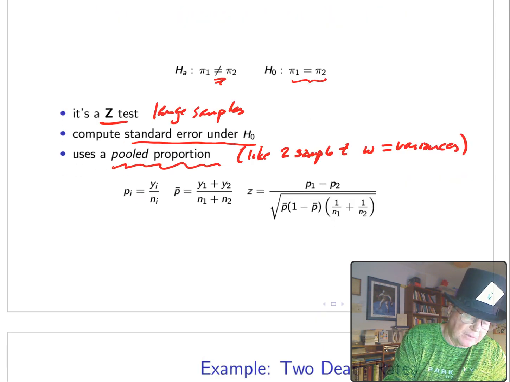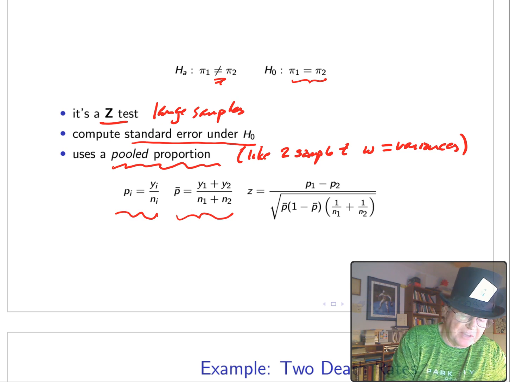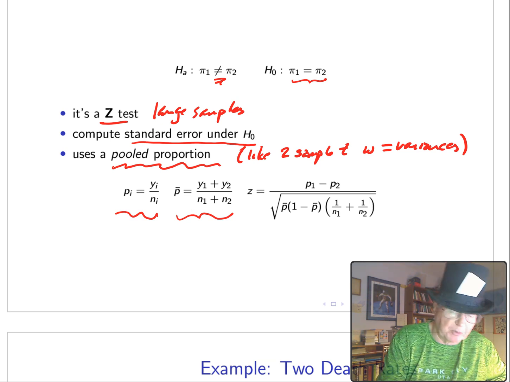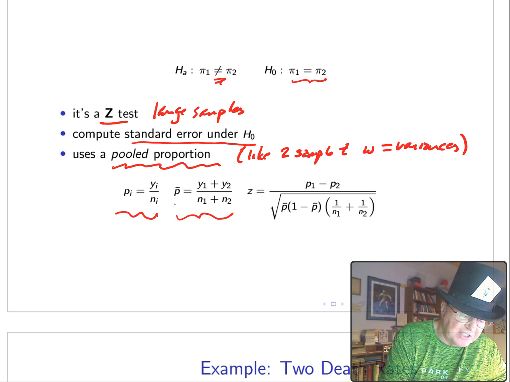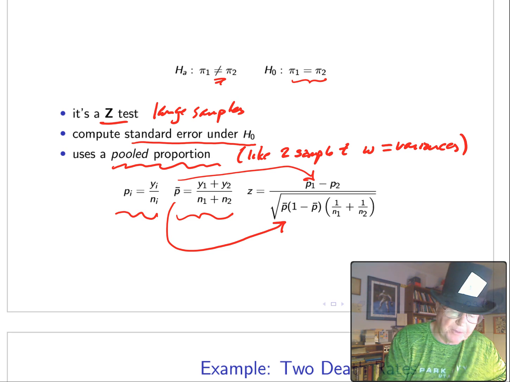All right. So we'll calculate the proportion for each group, and then the pooled proportion basically says combine all the successes and divide that by the combined sample sizes to give a pooled proportion. And so this number gets used down here, and these two numbers get used in the top. All right.